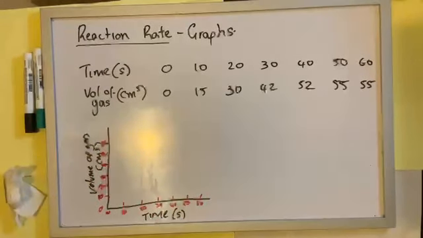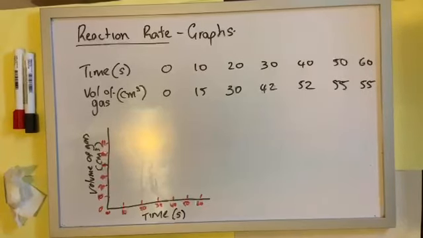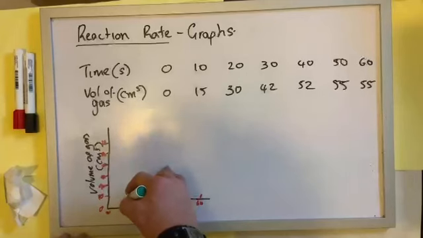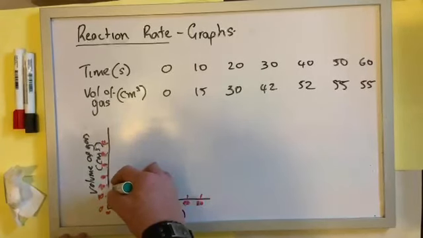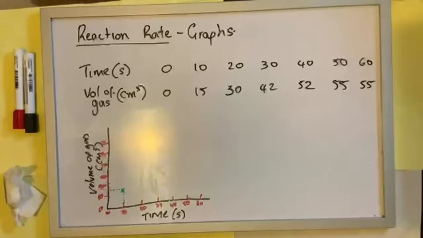The plot is, as you would always do, coordinates. So you follow the bottom line up, start with the 10, and where that intersects with the line from the y-axis for the 15. So we'd follow the 15 across, and that would be our plot. Same for the 20 with the 30 across.